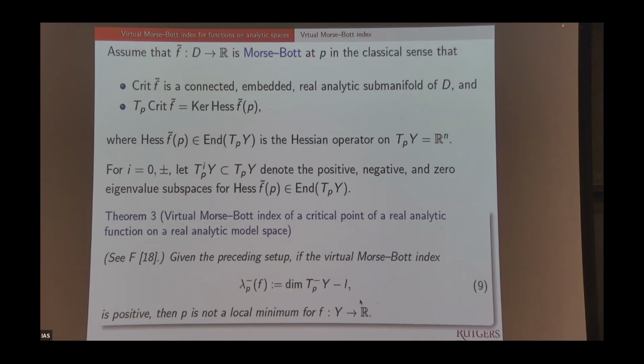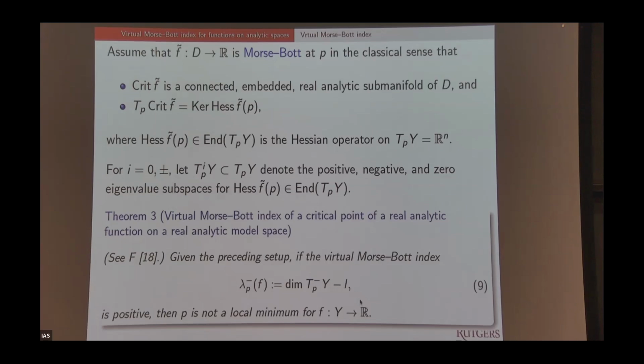So F tilde is a nice analytic function on a domain in Euclidean space. Morse-Bott means that the critical set is just a connected real analytic submanifold, whose tangent space is the kernel of the Hessian. And then we're going to define subspaces of the Zariski tangent space according to whether there are positive, negative, or zero eigenvalue subspaces for the Hessian operator.